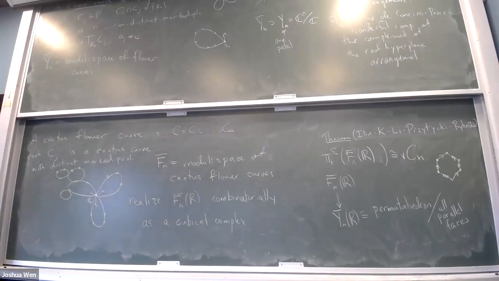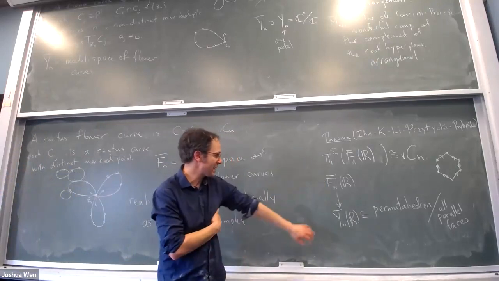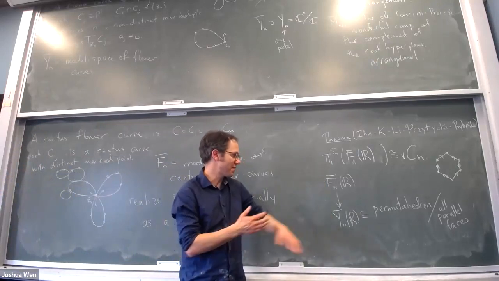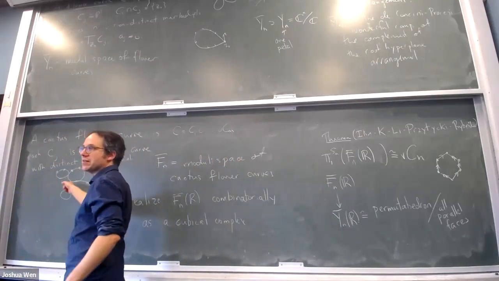Basically not. Their approach works a bit more generally, with any Coxeter group, and they work with cubical complexes and do something mimicking blow-ups for the cubical complex. This cactus flower space is sort of like a blow-up of this flower space along the places where you have these marked points coinciding.